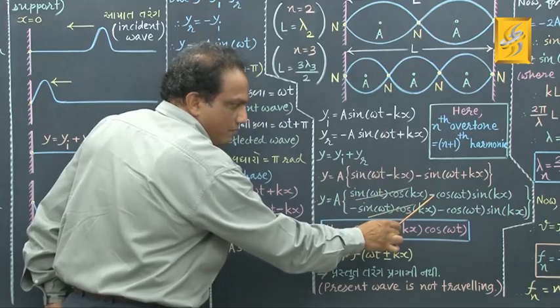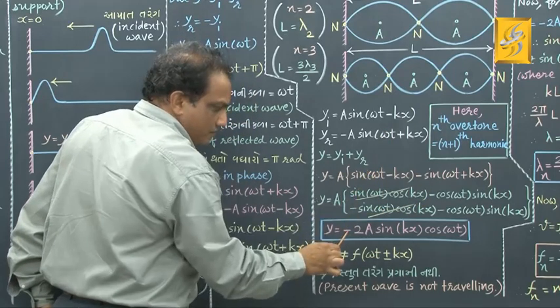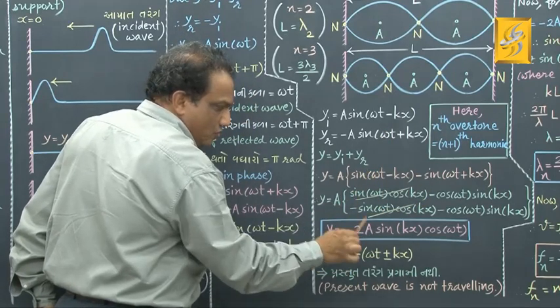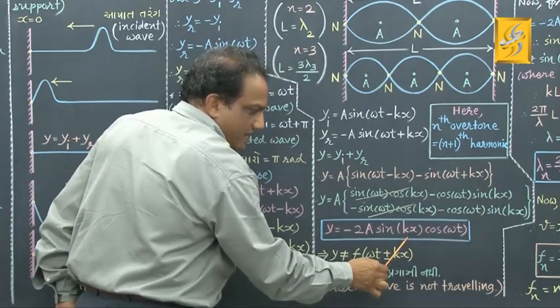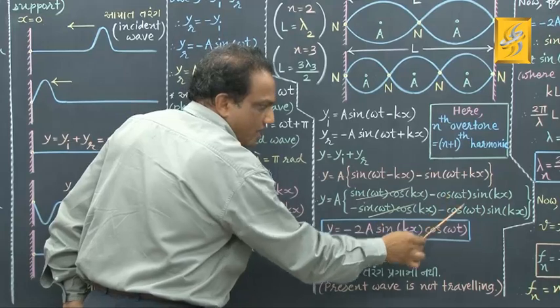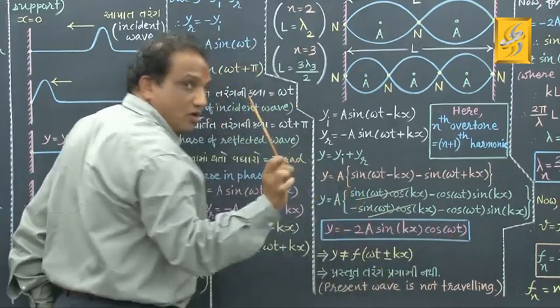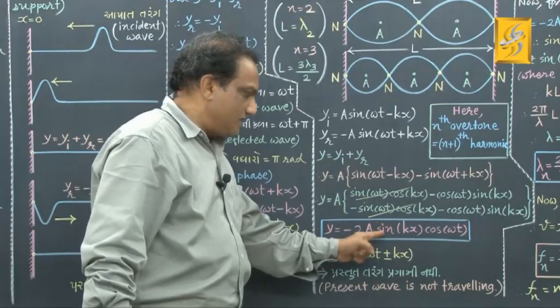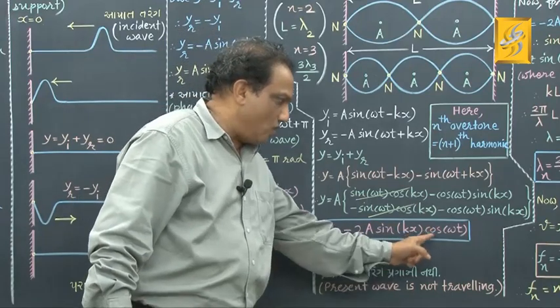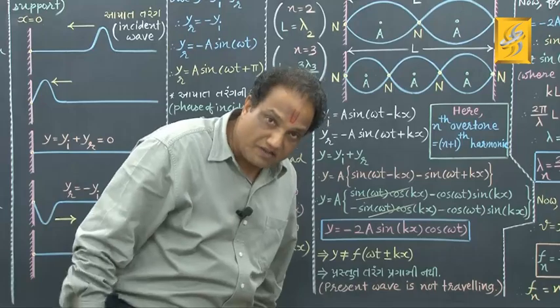So minus 2 times a into sin of kx into cos of omega t. Got it? Y equals to minus 2a sin of kx into cos of omega t.